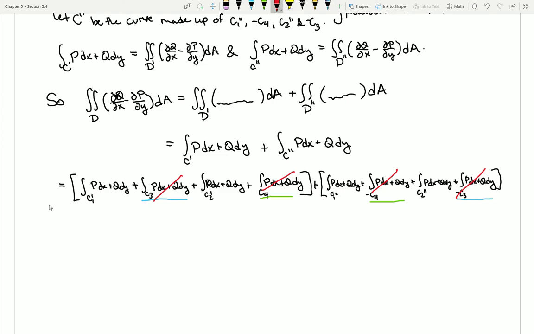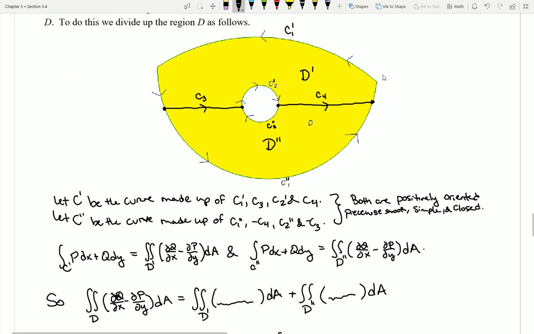And so if I look at what I ultimately have at the very end here, if I was to summarize all of this, I'm moving along the curve C1 prime, also along C1 double prime, which, when I put those back together, is going to ultimately just look like the curve. If I move along C1 prime, and then I move along C1 double prime, that's just the original curve C1.